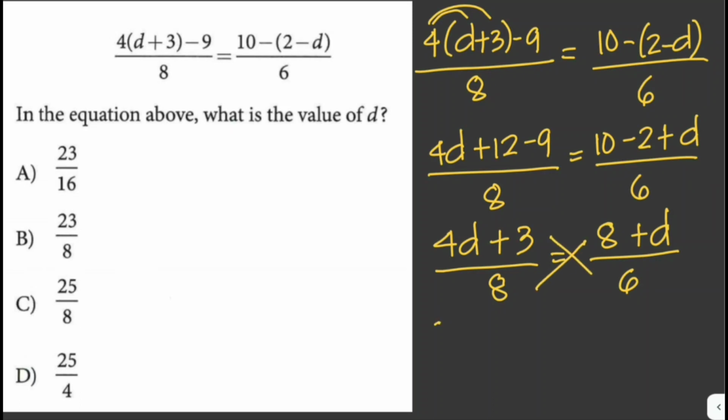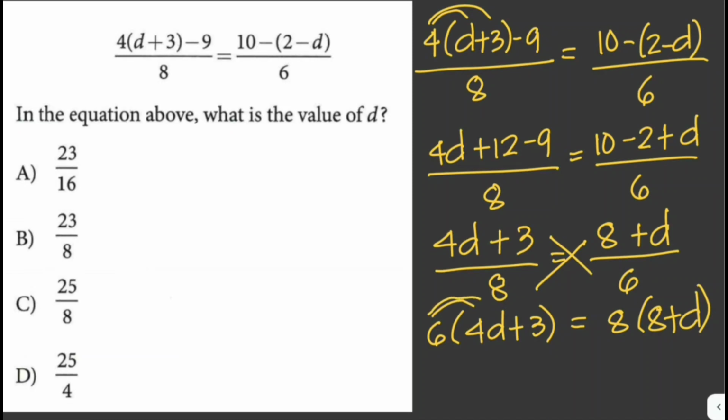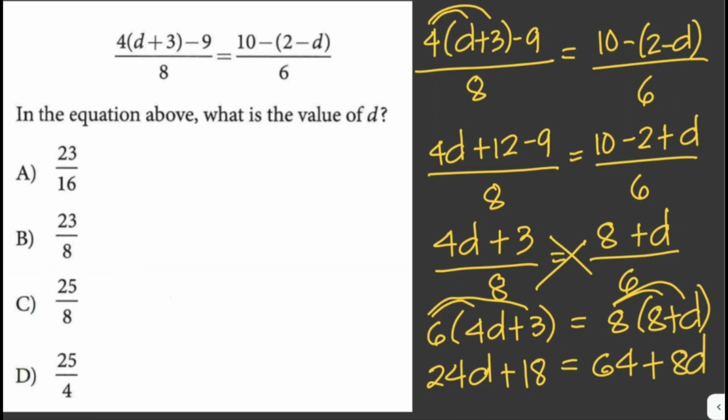So this would become 6 times 4d plus 3 equals 8 times 8 plus d. And then we simplify further by multiplying 6 to the expression inside the parentheses as well as 8. So this would be 24d plus 18 equals 64 plus 8d.